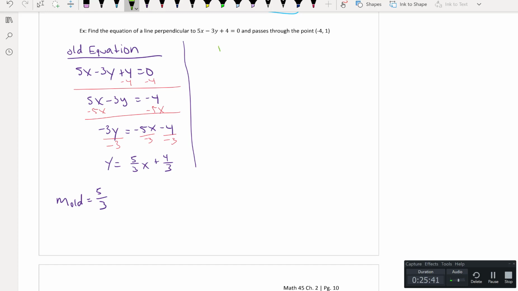Now I want to think about my new equation. My new equation is going to have a slope that's perpendicular to this. So if it's going to be perpendicular, then my slope is going to be the opposite and the reciprocal. So those are the two things that need to happen. So it needs to be the opposite sign. So since it's positive, it's now going to be negative. And it needs to be the reciprocal, which means the flip.